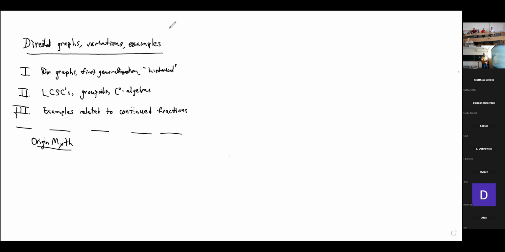I didn't make up this myth. I took it from Kunz's. So it starts with Dixmier. This was in a 1964 paper. So he has this theorem.